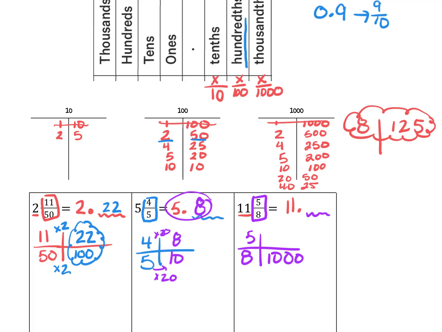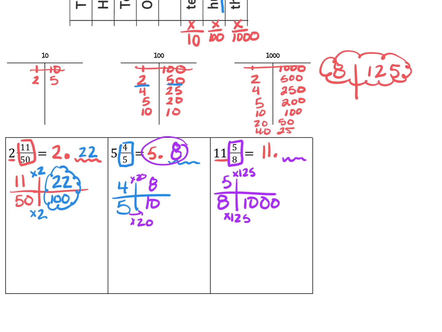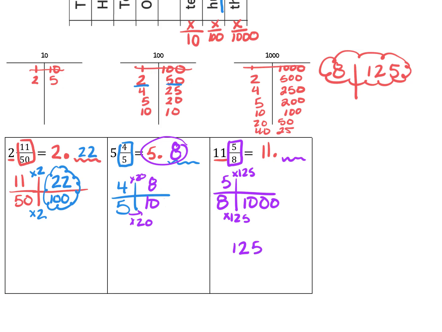So if we want 5 times 125, I will have to actually work this out. 125 times 5. You can pause it and work it out and then play it after to see if you get it right. But let's do it. 5 times 5 is 25.